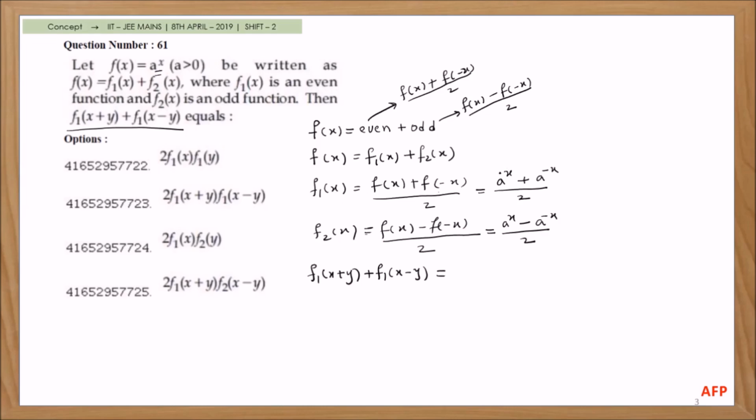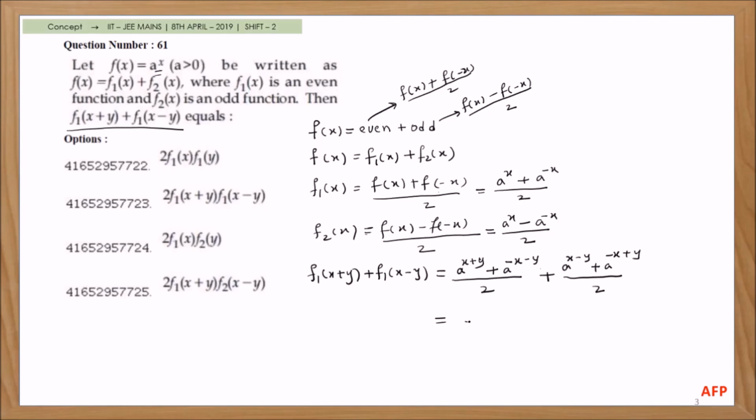Instead of x we write x+y. So the first term is (a^(x+y) + a^(−(x+y)))/2. Plus, for x−y in place of x, we substitute: (a^(x−y) + a^(−(x−y)))/2, which gives a^(−x+y) in the second term.